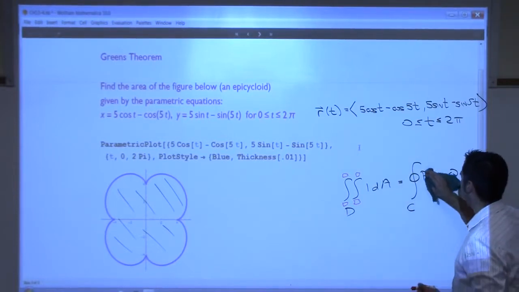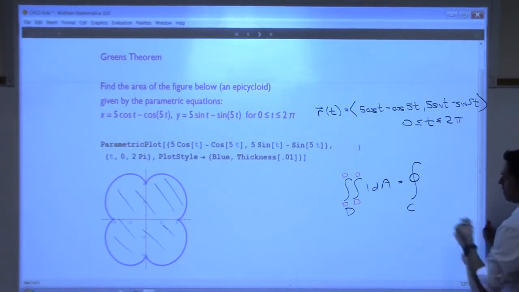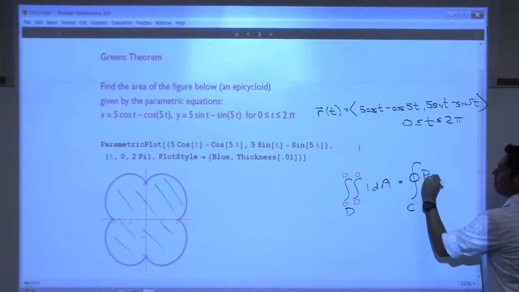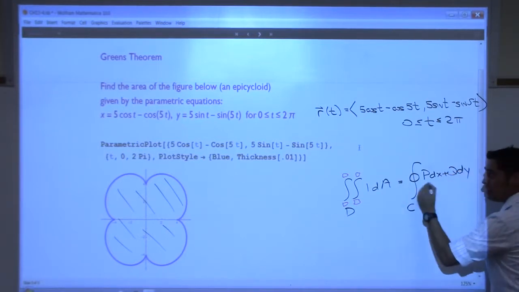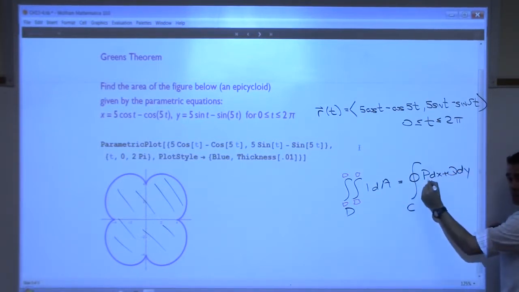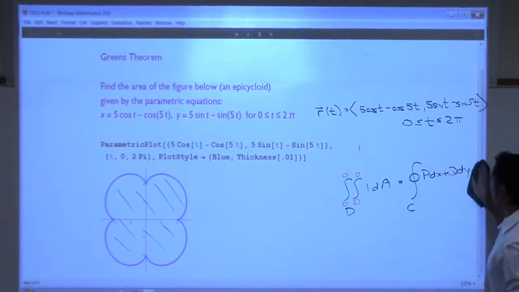No, x dy. Let me put that back up there. Hold on. It's this, but for this to be true, P had to be 0, Q had to be x. So this turns into x dy.